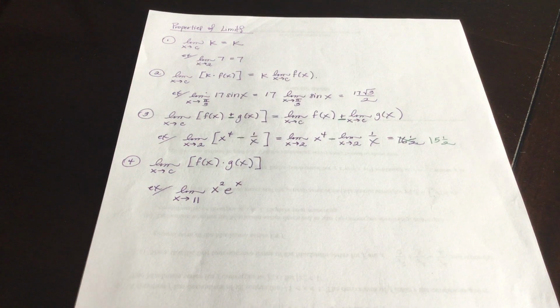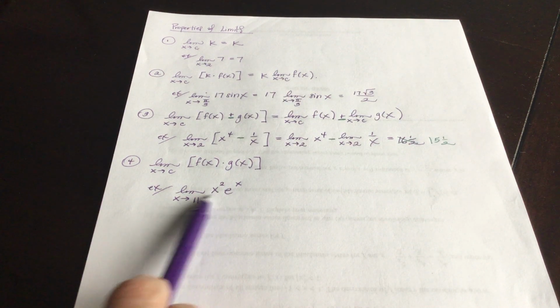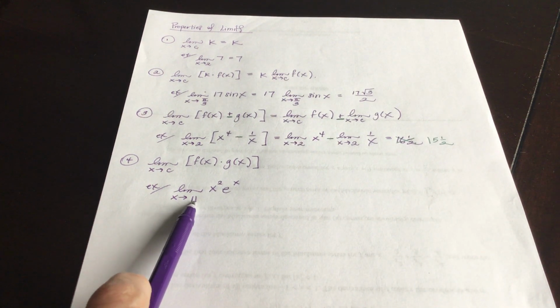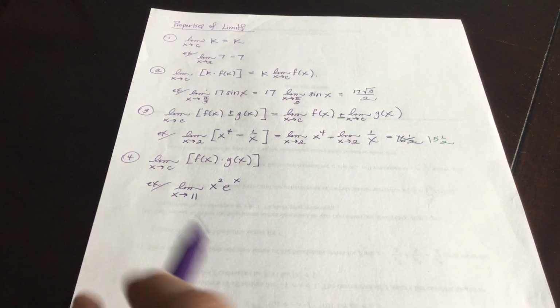Go ahead and see what you'd get for something like that. X squared, e to the x, they're both continuous everywhere, so you could just treat this like a function value. You'd end up with 121 times e to the 11th.